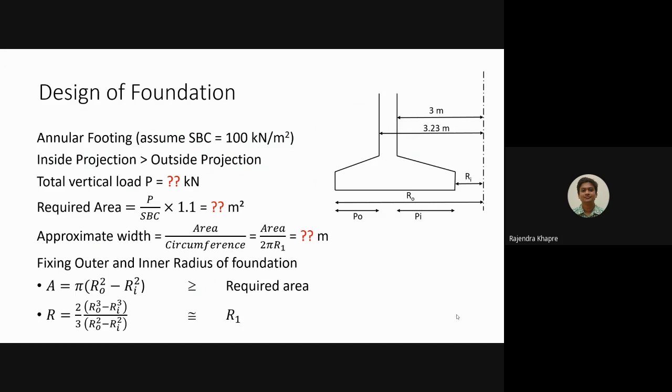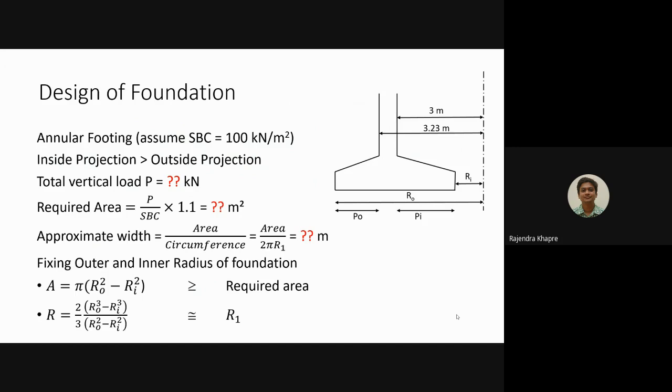Now for the Jackwell, we have to design a footing, and this footing is called an annular footing. The basic definition of an annular footing is the projection you see on the inner side as well as on the outer side. The inner side projection is more and the outer side projection is less.